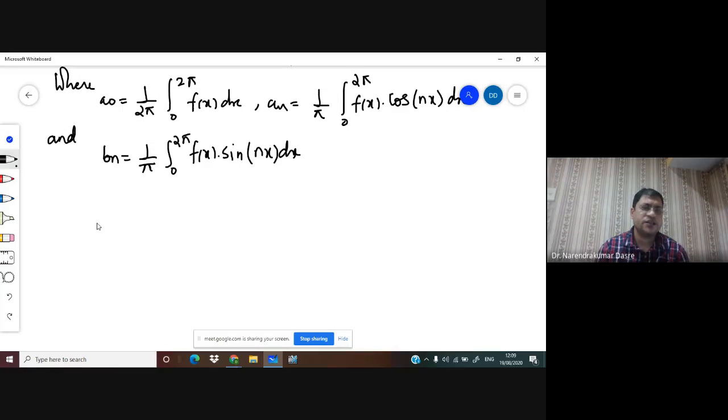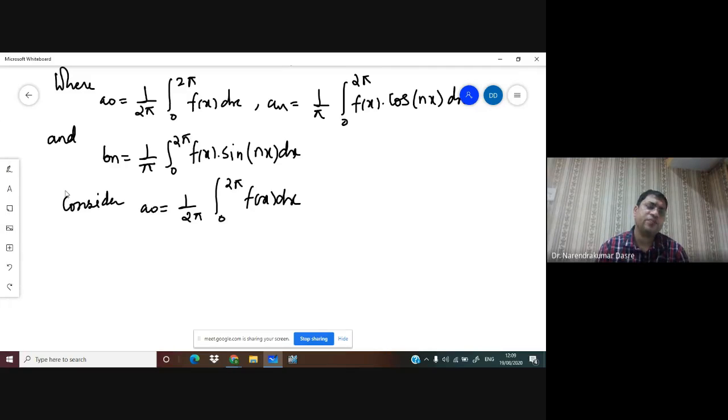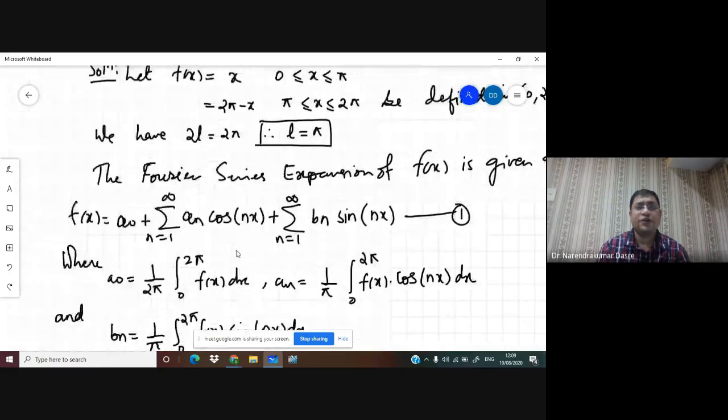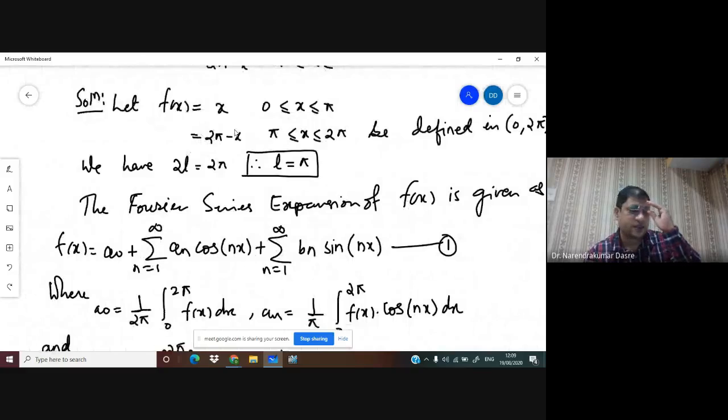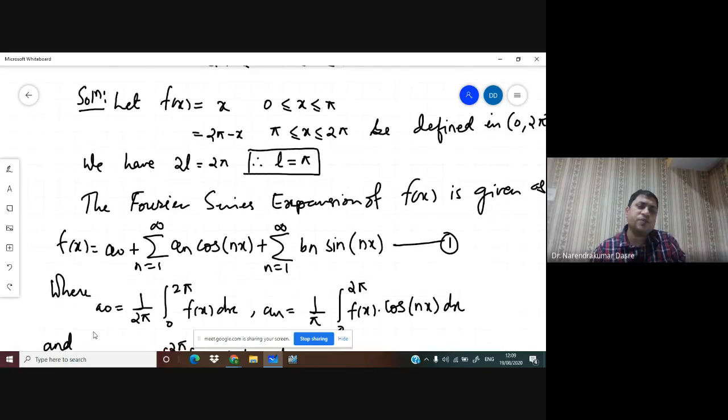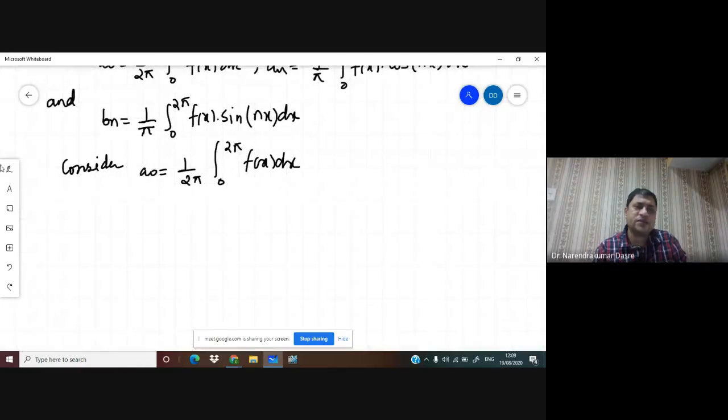Okay, so first we consider a0, 1 upon 2 pi integral 0 to 2 pi f of x dx. So here we need to see that the function is defined as x from 0 to pi and 2 pi minus x from pi to 2 pi. So we have to split this integral into two parts.